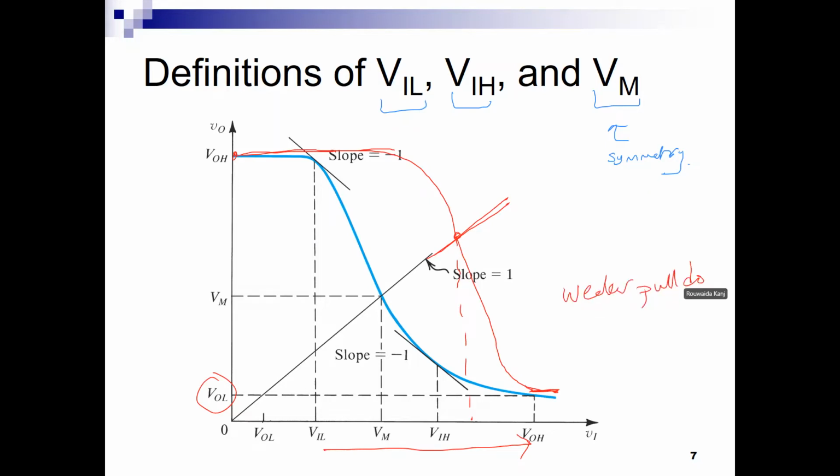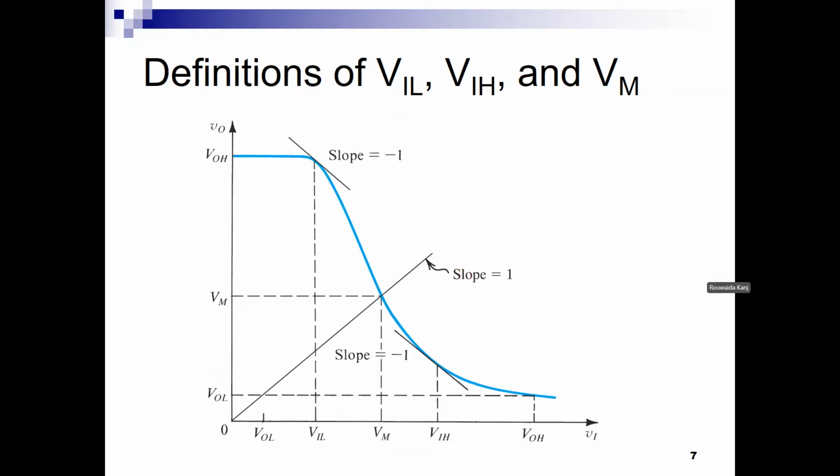Okay, we care about being symmetric, meaning the midpoint, the intersection with the 45 degree line on the voltage transfer characteristic between Vin and Vout, is close to VDD over 2. Why? Because this means I will need to exert as much effort to tip it to each side. It is probably an indicator that the delay will be balanced. The rise will fall. If I want to pull it up or pull it down, I have similar strengths.